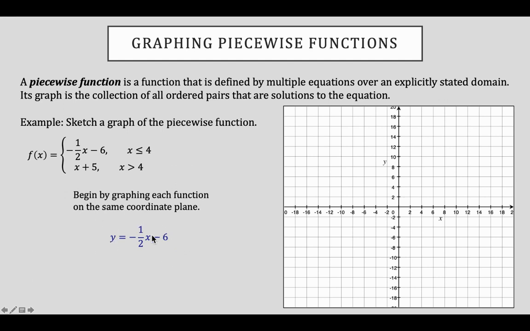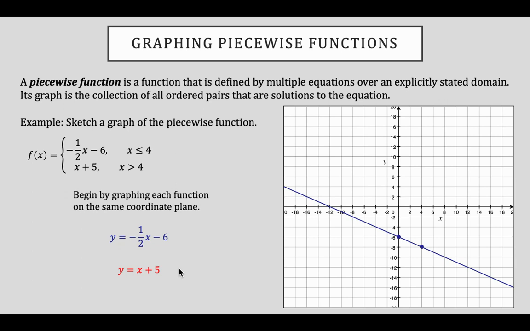It has a y-intercept of negative 6 and a slope of negative 1/2. So we could plot that y-intercept. Our slope is going to be down 1, right 2. And we can then connect the dots, giving us our line, y equals negative 1/2 x minus 6.